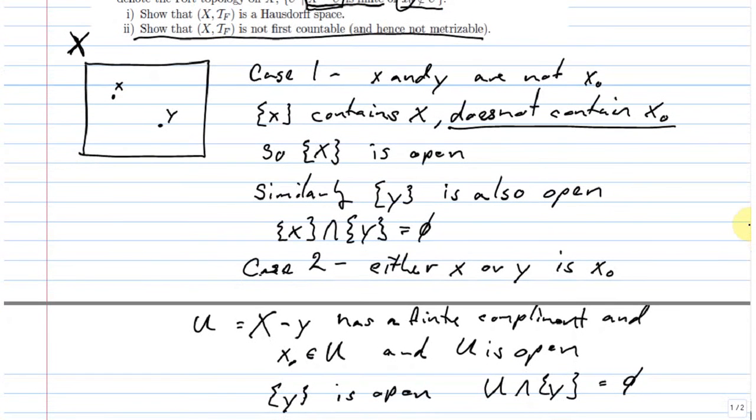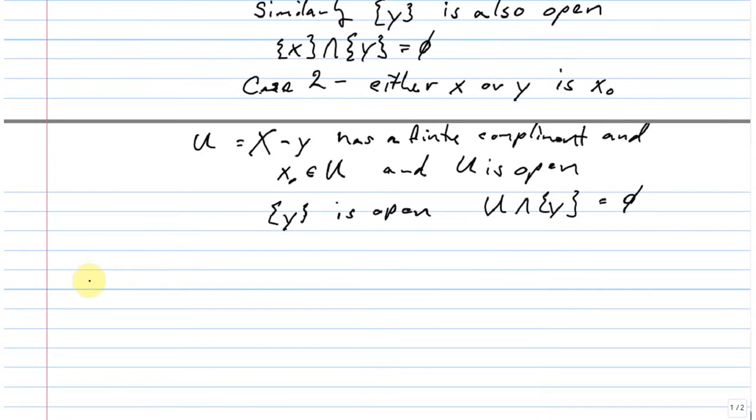Now we want to show that it's not first countable, which is actually often a fairly hard thing to do. So it has to be true for all points, and in particular I'm going to consider the point x naught in x.